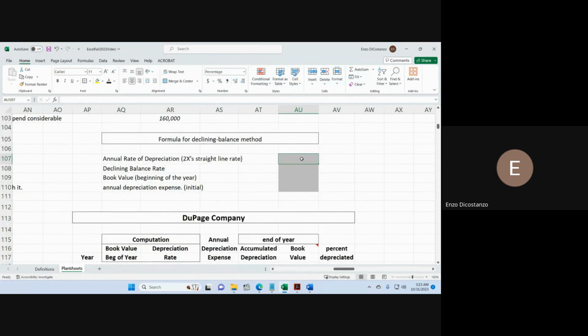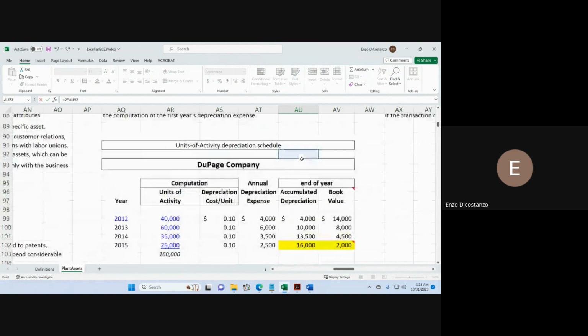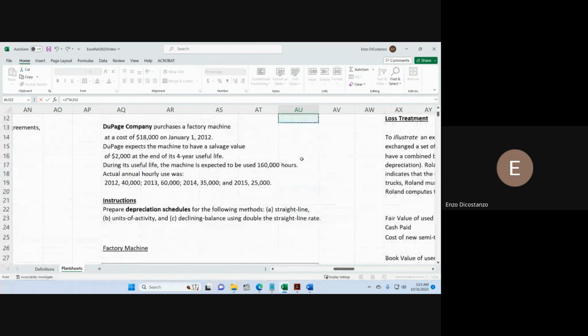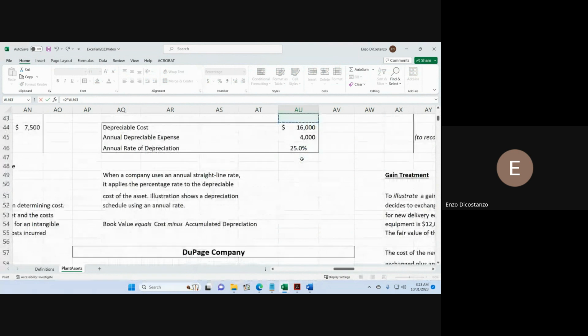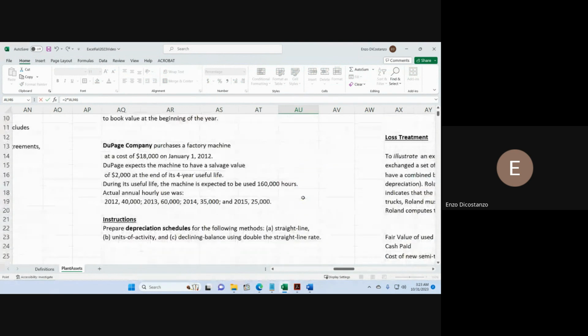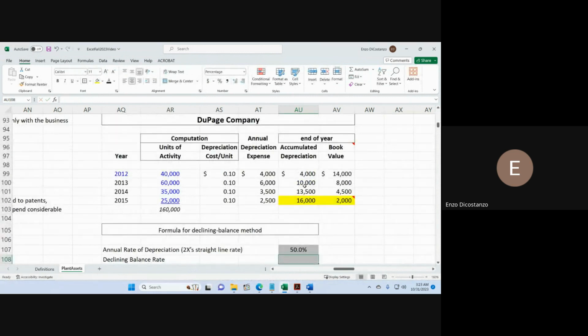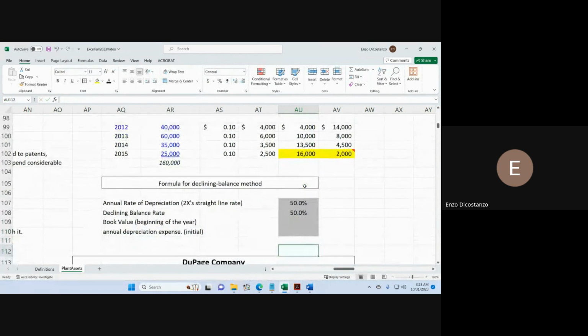This is equal to 2 times the straight line rate for declining balance. And the rate was 25%, so 50%, which is high.